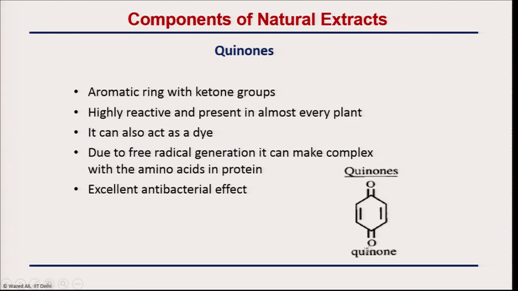And this particular compound has the capability to generate free radicals which can form a complex with the amino acids in the protein generally present in the bacteria and which can destroy the bacterial cell. And this mechanism we can use, as I mentioned, to develop different kinds of medical textile products, underwear, where there is a real requirement of skin-friendly agents, because these products are really in touch with the skin.